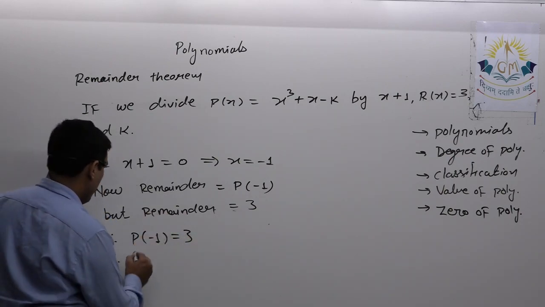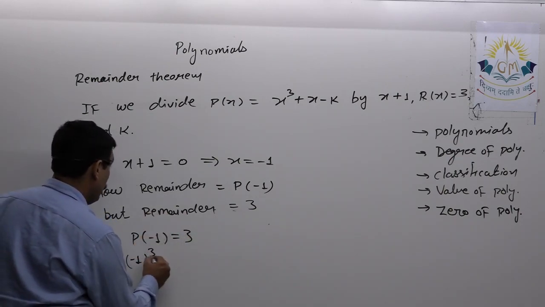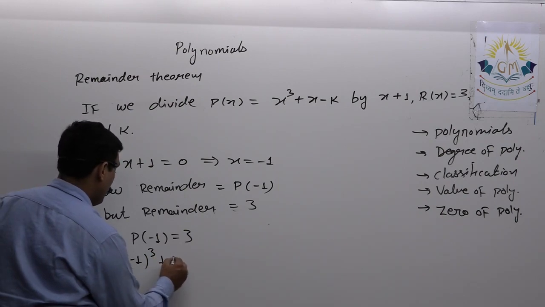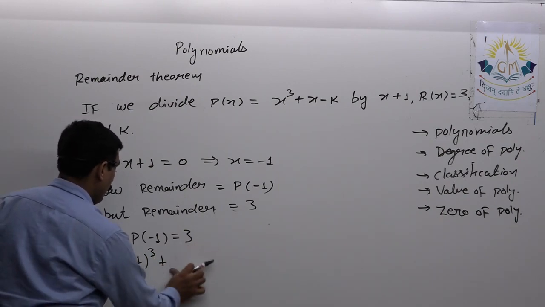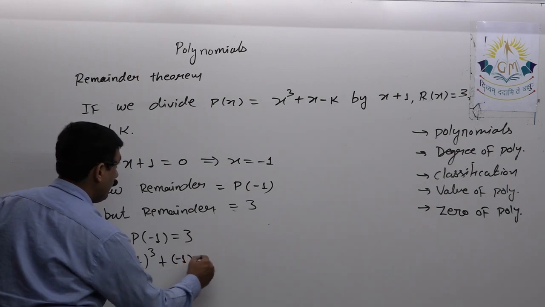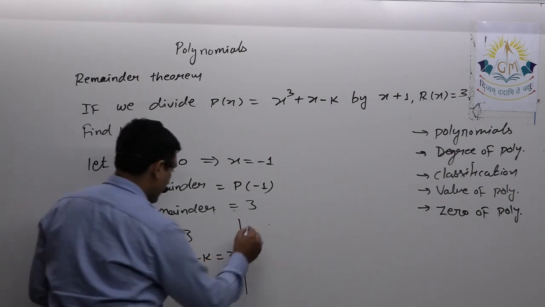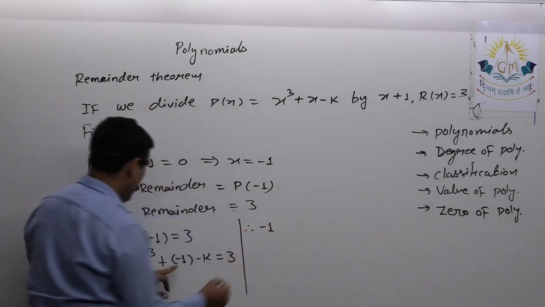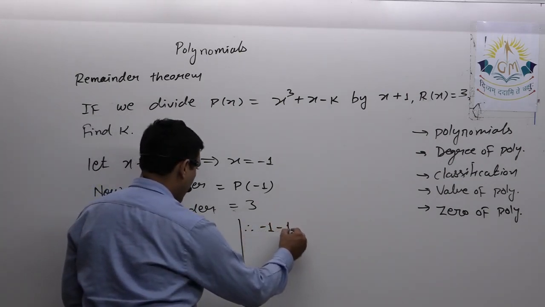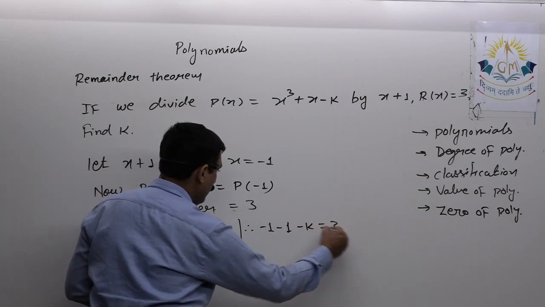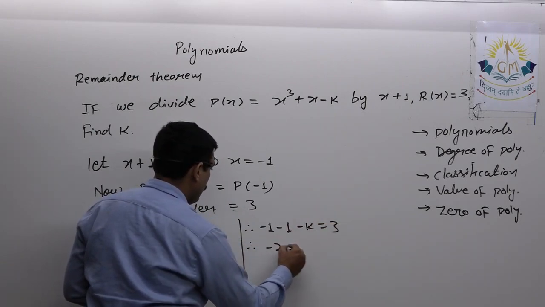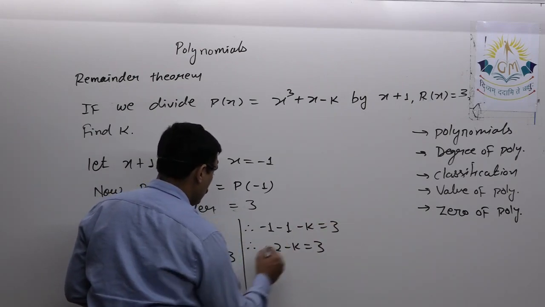So p of minus 1, that is minus 1 cube plus minus 1 minus k is equal to 3. Here minus 1 cube is minus 1, again here it is minus 1, then minus k is equal to 3. Therefore minus 2 minus k is equal to 3.